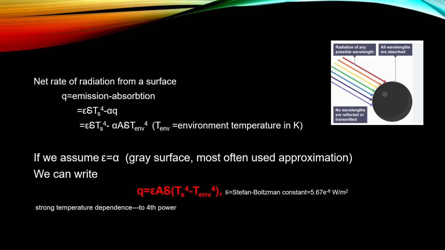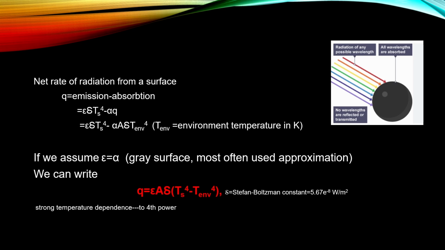The environment can be the gas phase around the body, or it can be another body also. When we are calculating heat fluxes, we typically assume that the emission coefficient and absorption coefficient are equal. This is the so-called gray surface approximation.